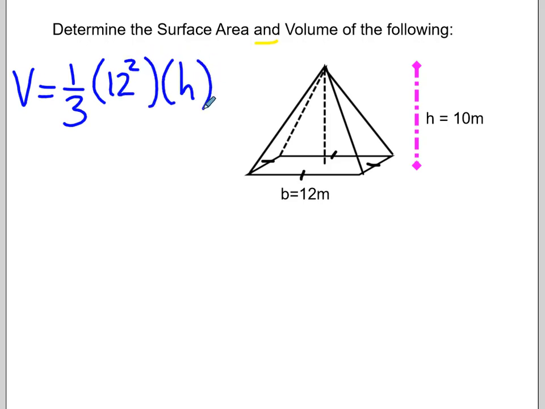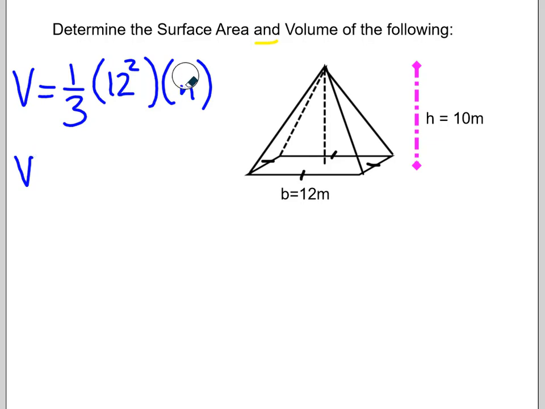What I'm doing is going back to that idea that if I turn this into a prism, the pyramid is just going to be 1/3 of it. That's the whole idea. So I have that understanding of what the shape is. You can always look the formula up and get it from there.